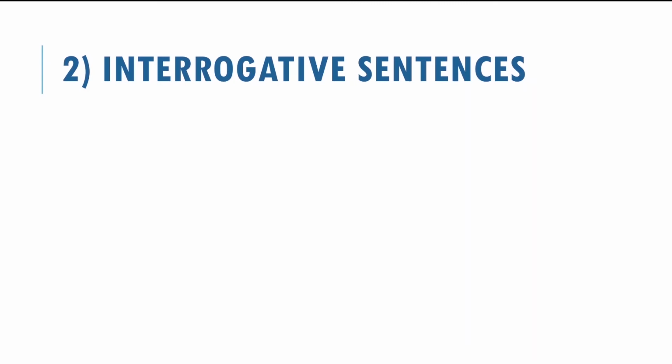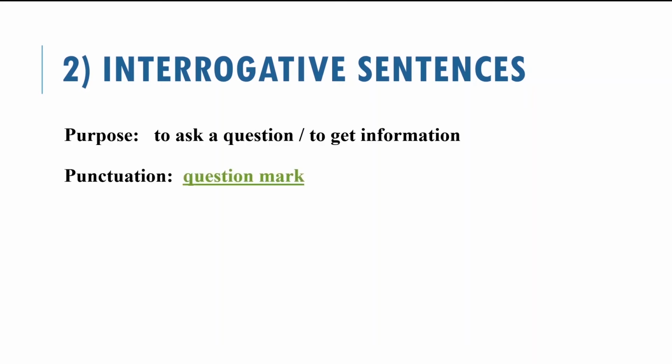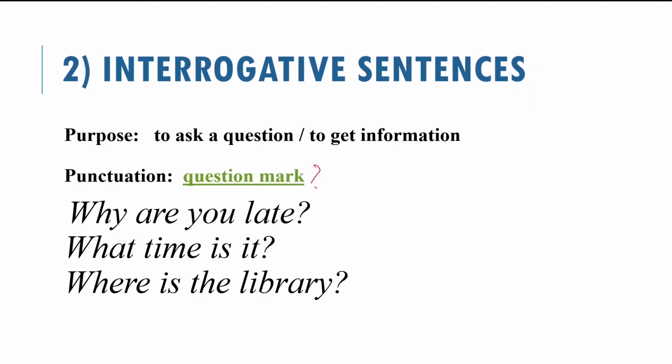Second type of sentence is interrogative sentences. The purpose of interrogative sentences is to ask a question. We ask questions to get information. These sentences always end with a question mark. Look at these examples of interrogative sentences. Why are you late? What time is it?